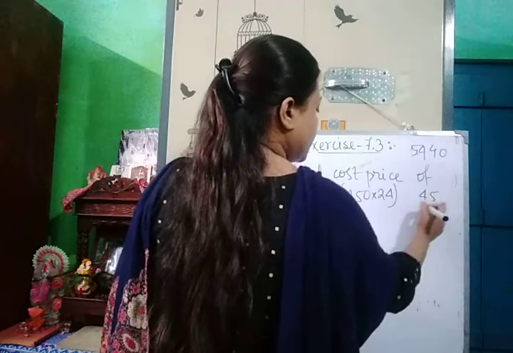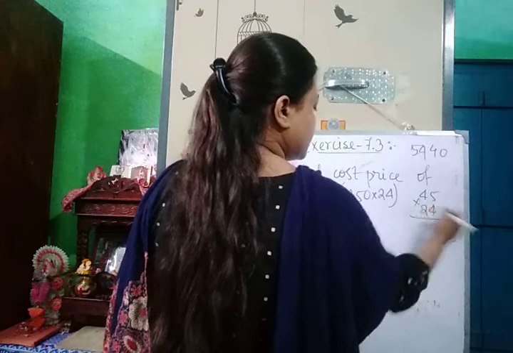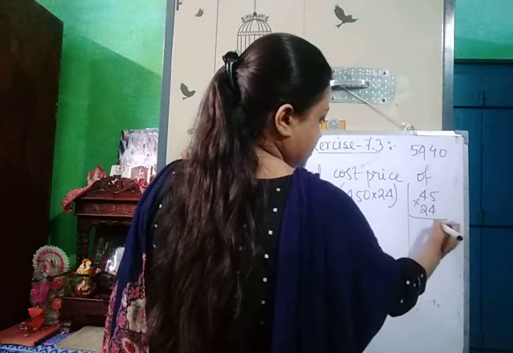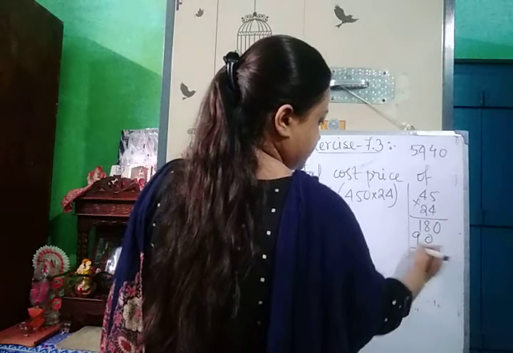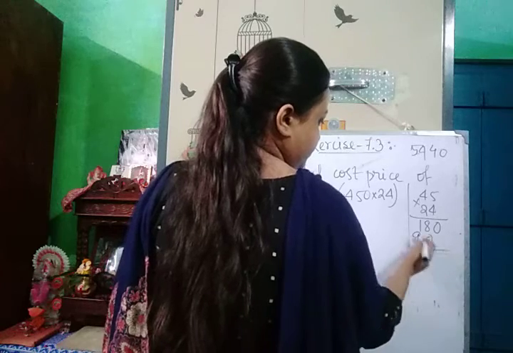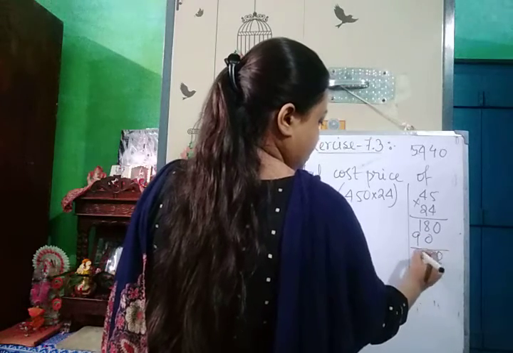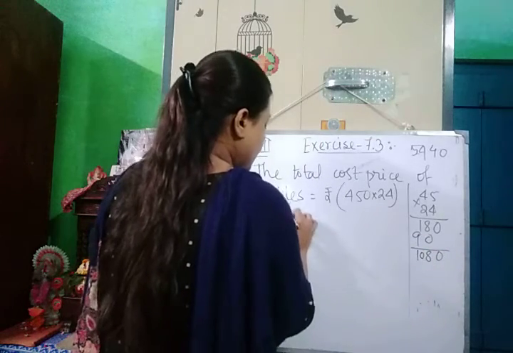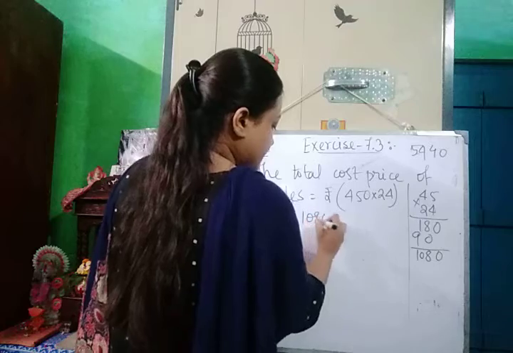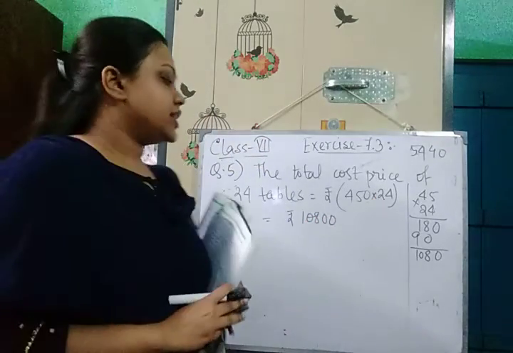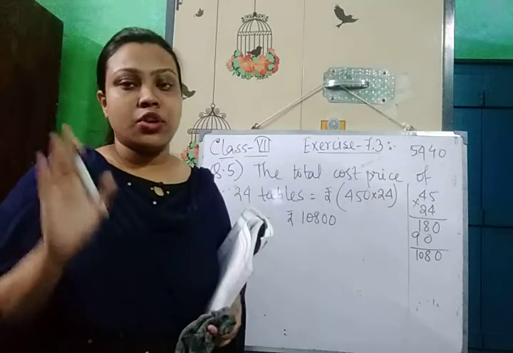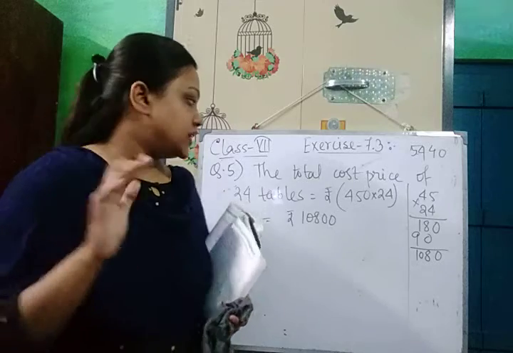So here I am doing the multiplication. Rupees 10,800 is the total cost price of 24 tables.